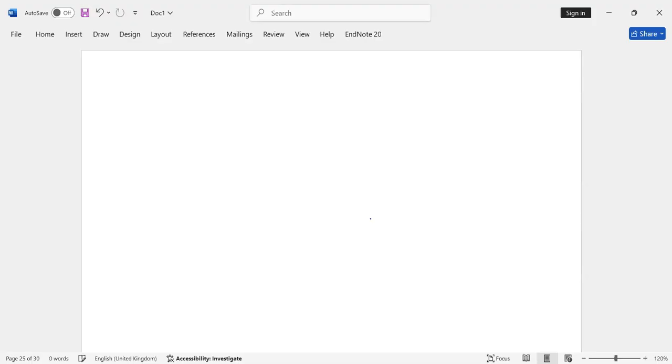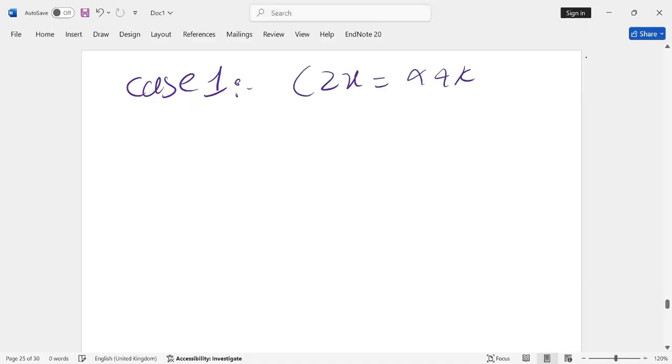In the first quadrant, case 1, we say that 2x equals alpha plus k times 360.